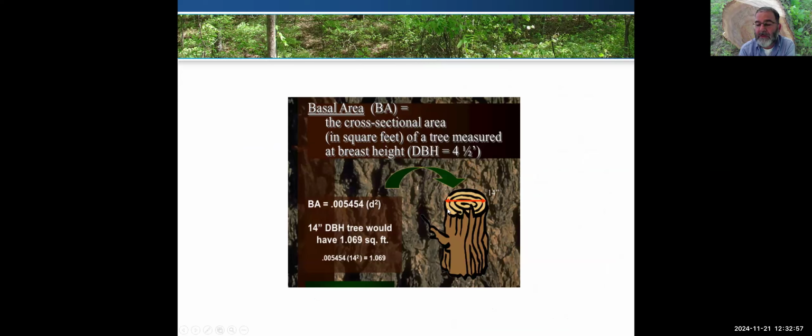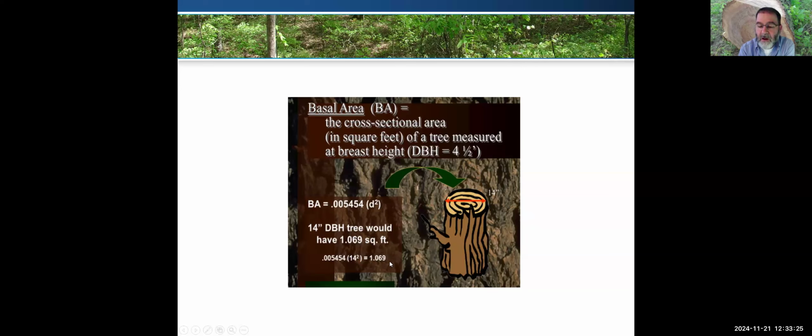So in other words, if you were to cut a tree off at 4.5 feet and then measure the surface area of this high stump, and then convert that to square feet. So here's the equation for basal area. And for instance, if we have a 14-inch diameter tree, it's 14 inches across, you plug it into the equation, and that 14-inch tree would have about 1 square foot of basal area.